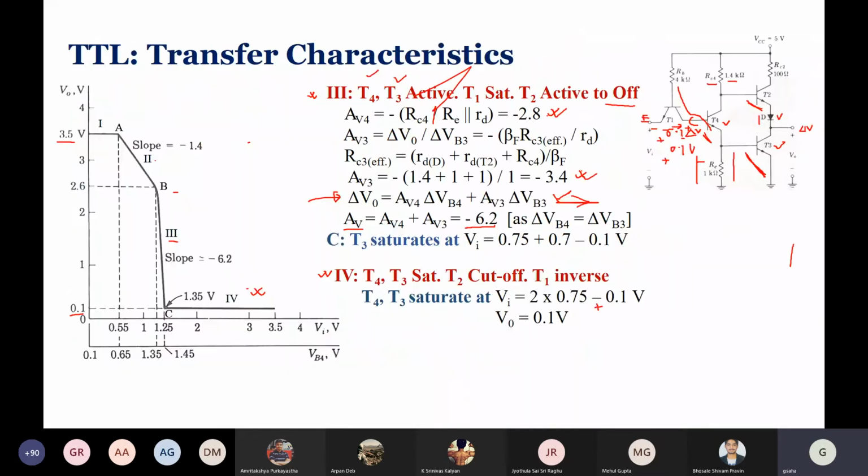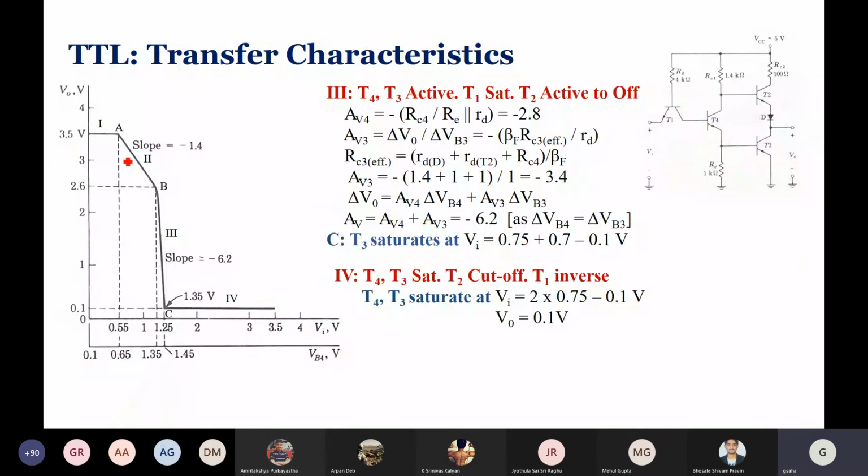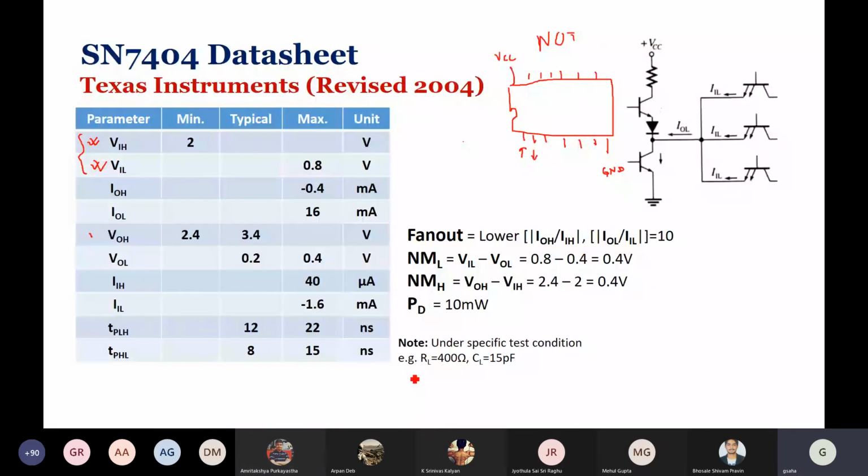Can somebody tell me what they are trying to say? Of course, there is some approximation considered in this calculation, but more or less the transfer characteristics remain the same.